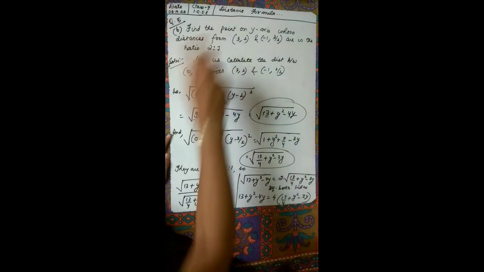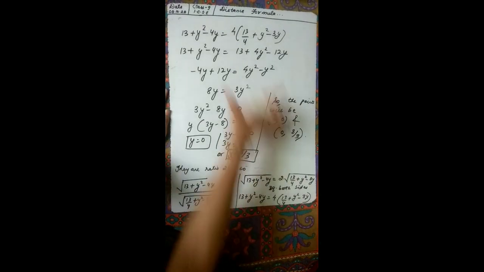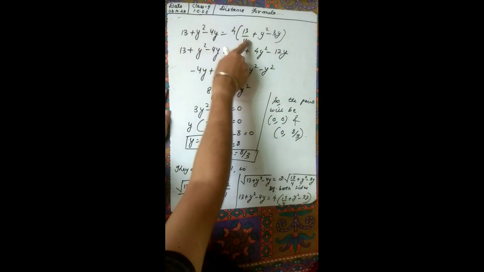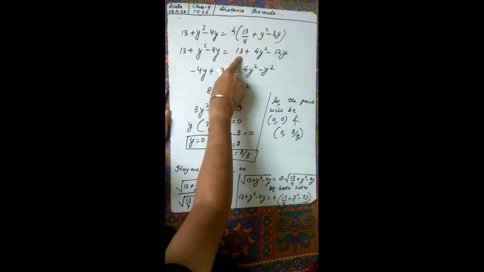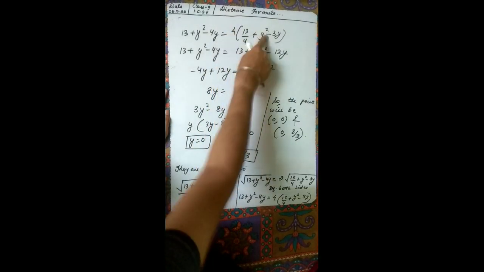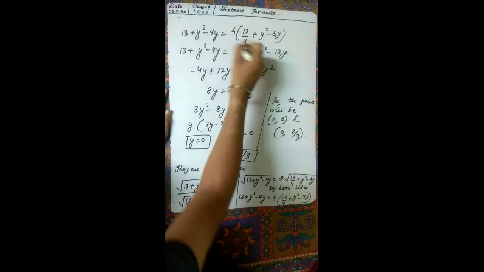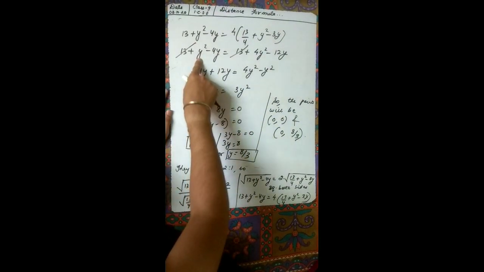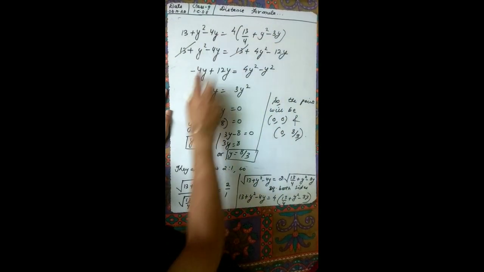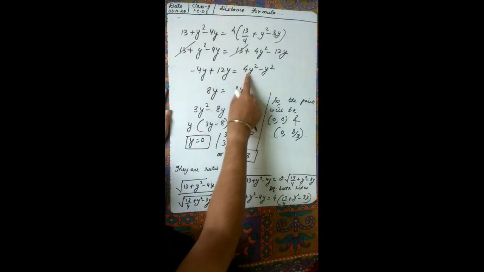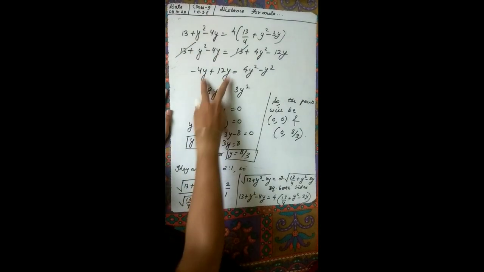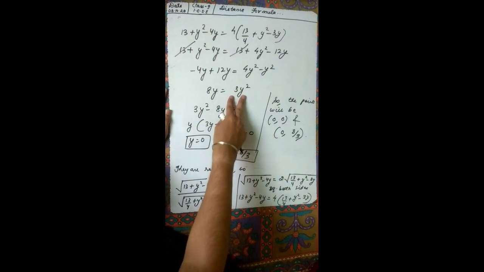Now after this, I'll do from here. I've copied this step here. Multiply this 4 inside. When you multiply 4, the 4s will cancel, we'll get only 13, 4y square and minus 12y. As we can see, this 13 with this 13 we can cancel. Take plus y square to that side and minus 12y here. So minus 4y plus 12y equal to 4y square minus y square. It will be 8y, and this will be 3y square.